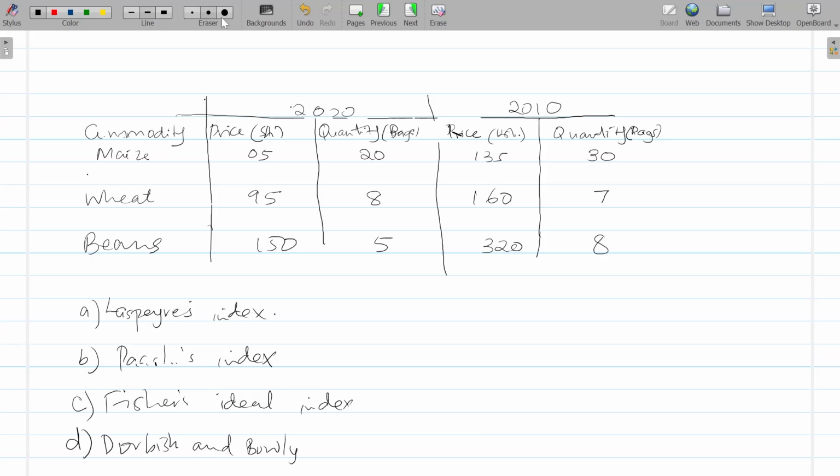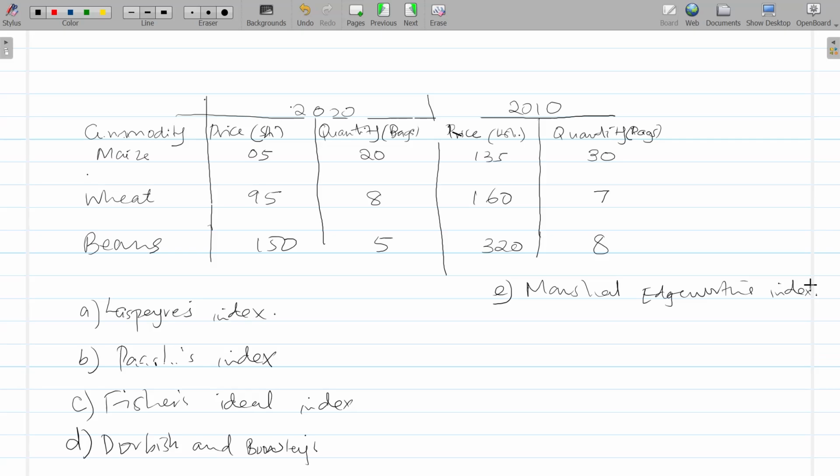Then lastly, number E, you are required to calculate the Marshall-Edgeworth index. Okay.